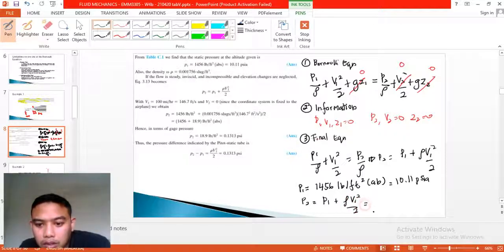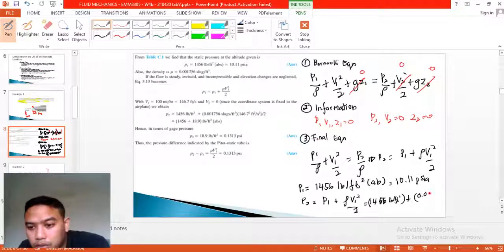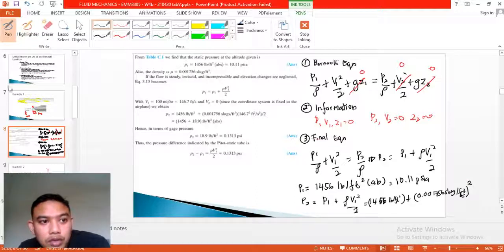So here we will get our P1 is 14656 lb per feet square, plus our rho is 0.001756 slug per feet cube. Sorry, there is no square, the V is squared.